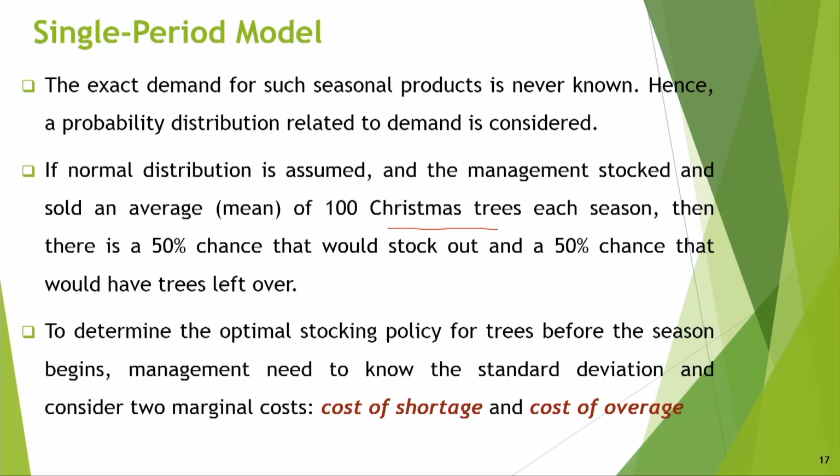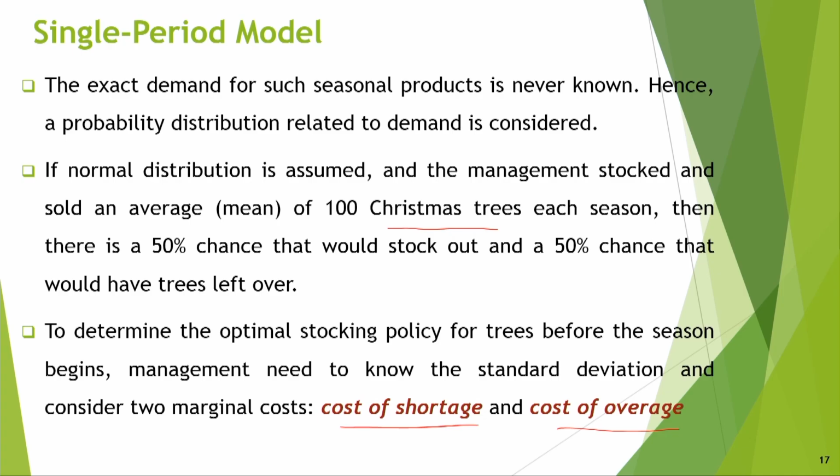To determine the optimal stocking policy for trees before the season begins, management needs to know the standard deviation and consider two marginal costs, the cost of shortage and the cost of overage. We are telling them marginal costs because they indicate some type of difference between two quantities.